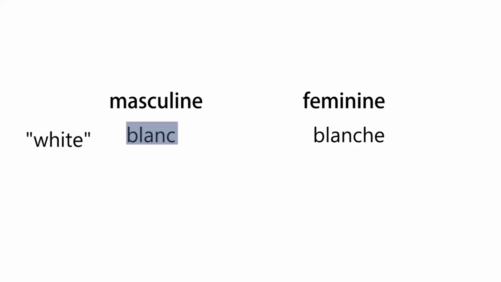So you see blanc, the same letters here, but you see something extra here. But if you put it in IPA, you would see that the feminine has something more than that one.